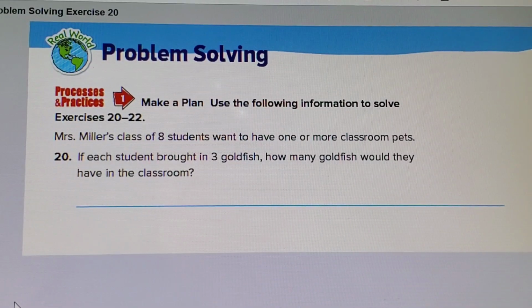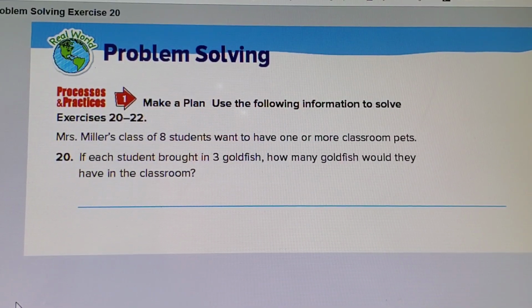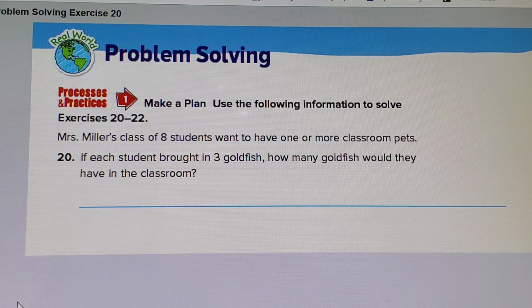Problem solving, processes and practices. Make a plan. Use the following information to solve exercises 20 through 22. Mrs. Miller's class of 8 students want to have 1 or more classroom pets. If each student brought in 3 goldfish, how many goldfish would they have in the classroom?